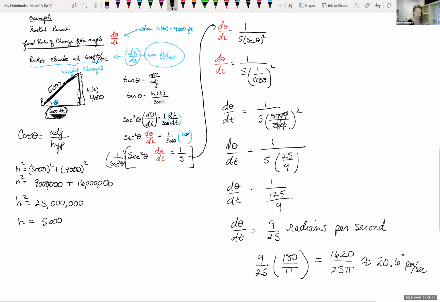So when that rocket is hitting 4,000 feet, the angle is changing right there at 20.6 degrees per second.